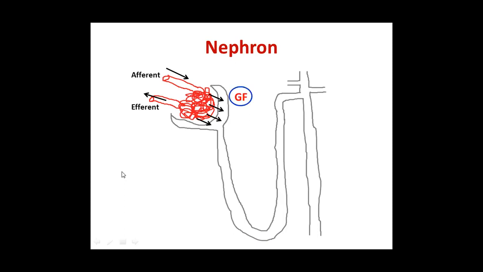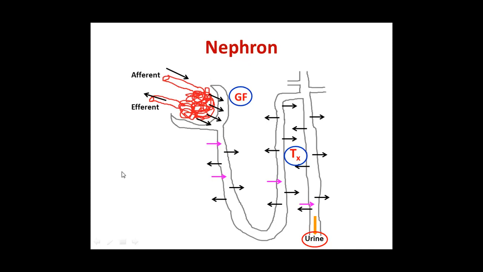So glomerular filtration is followed by tubular transport: either transport into the lumen, which means tubular secretion, or transport away from the lumen, which means tubular reabsorption. And finally, formation of urine.